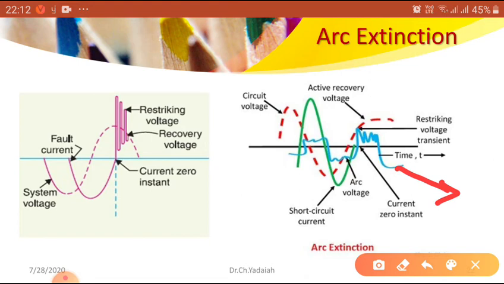It has this much voltage. This voltage is positive and negative; you can see the direction changing similar to AC. Here the green one is the short circuit current, which is very high. You can see this is the restriking voltage and transient period in this condition. So these are the things you have to remember.